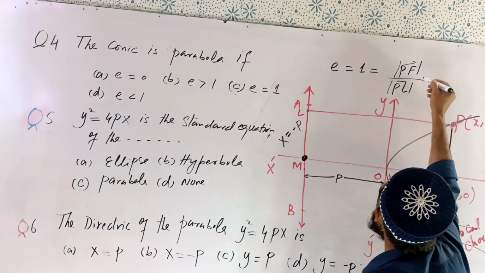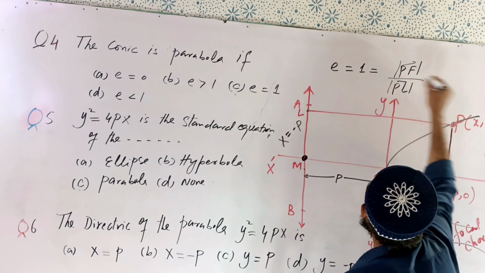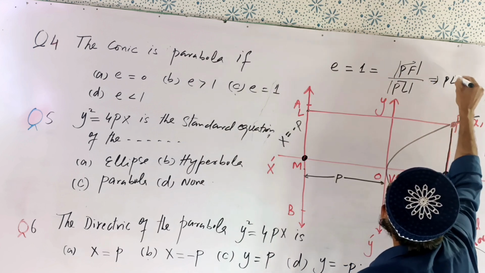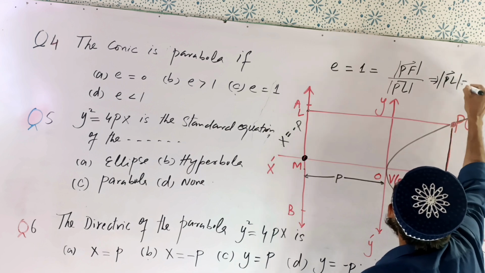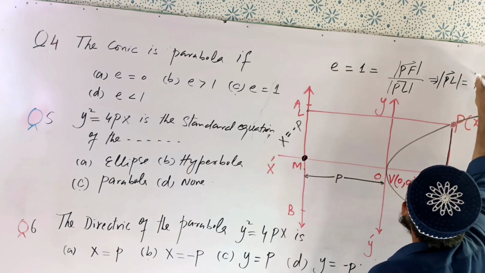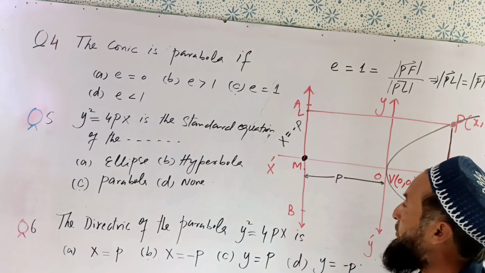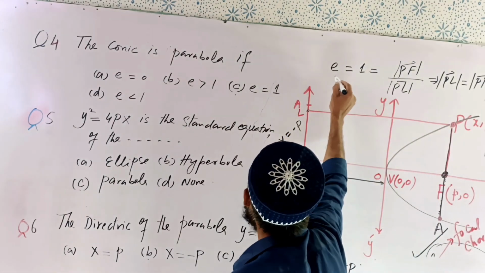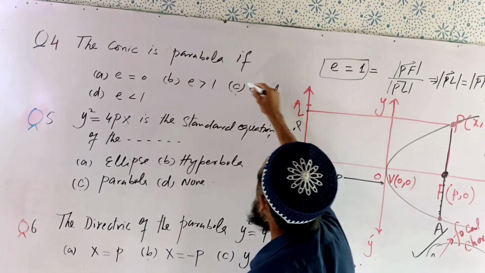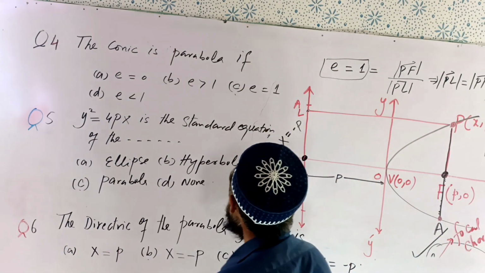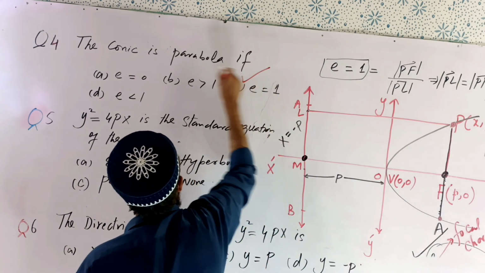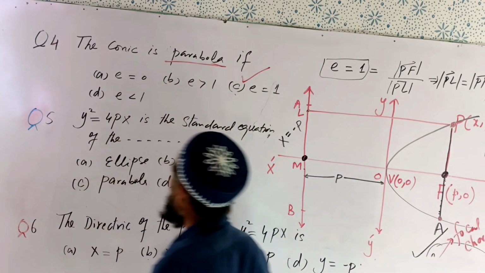So both results are equal, they are called equidistant, so the eccentricity must be equal to 1. So option C is the correct option for a parabola.